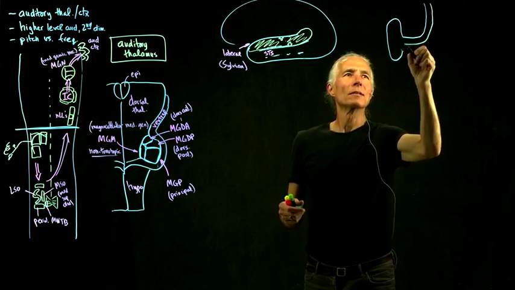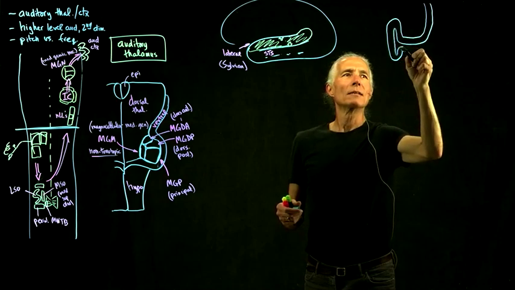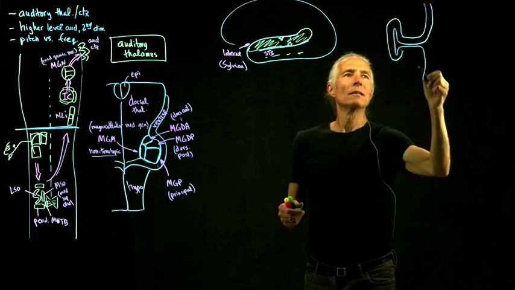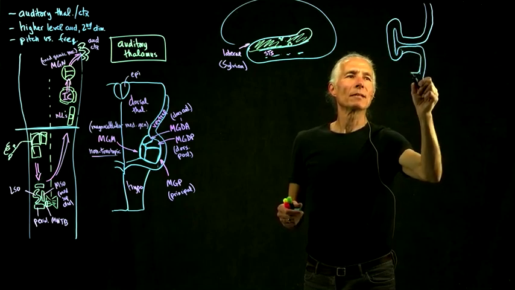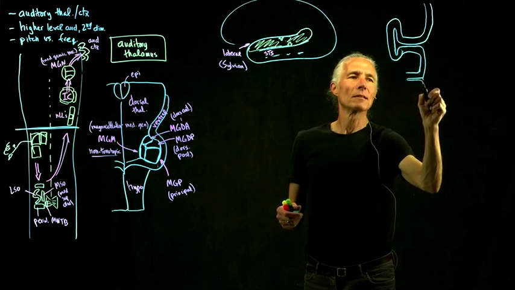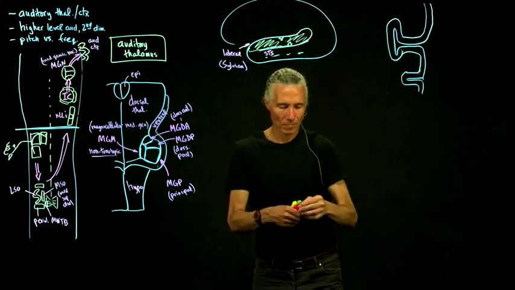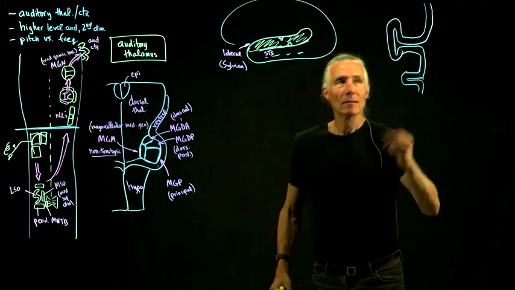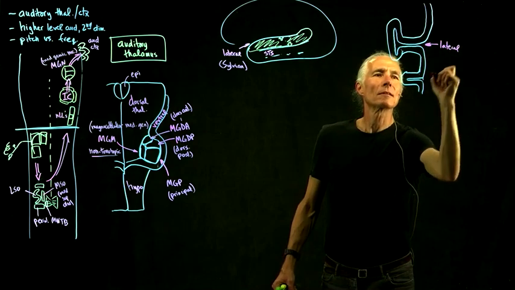If you look in the lateral sulcus, you've got something like that, and then eventually we get into the superior temporal sulcus here. So this is the superior temporal sulcus, this is lateral. This guy is STS.